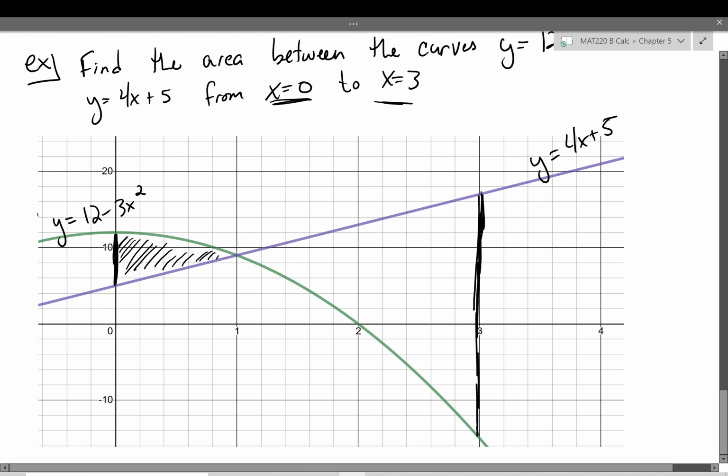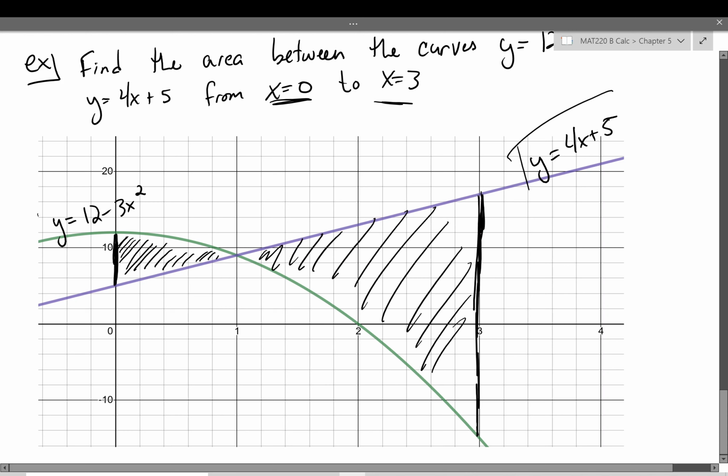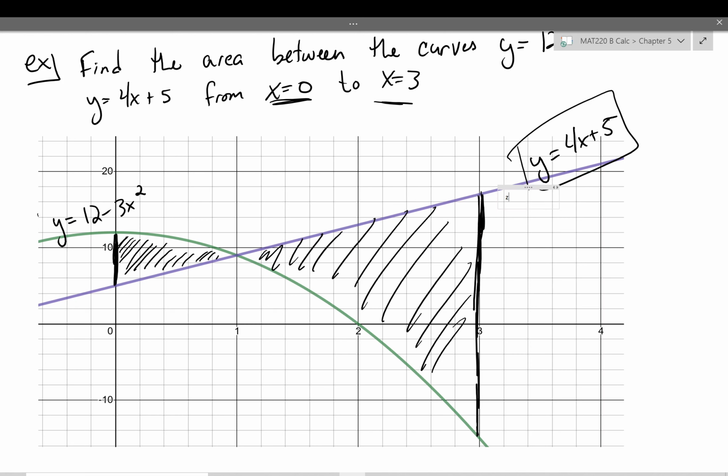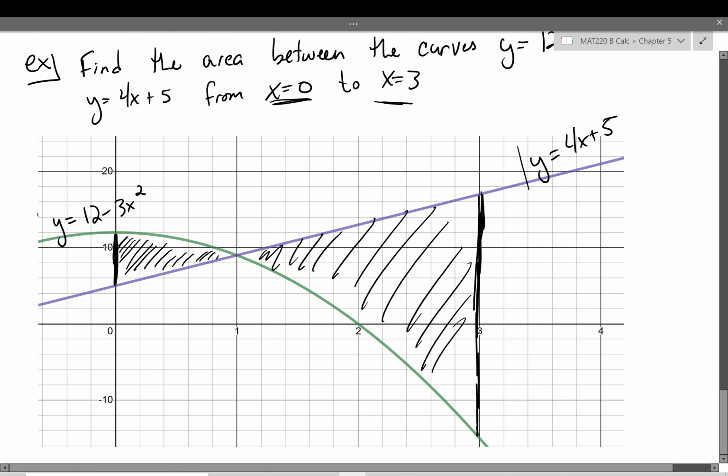However, in the second region, notice that the upper function now changes. They flip-flop. So it's going to be y equals 4x plus 5. So because of that, what we need to do is find the area of the first region and add it to the area of the second region, okay?